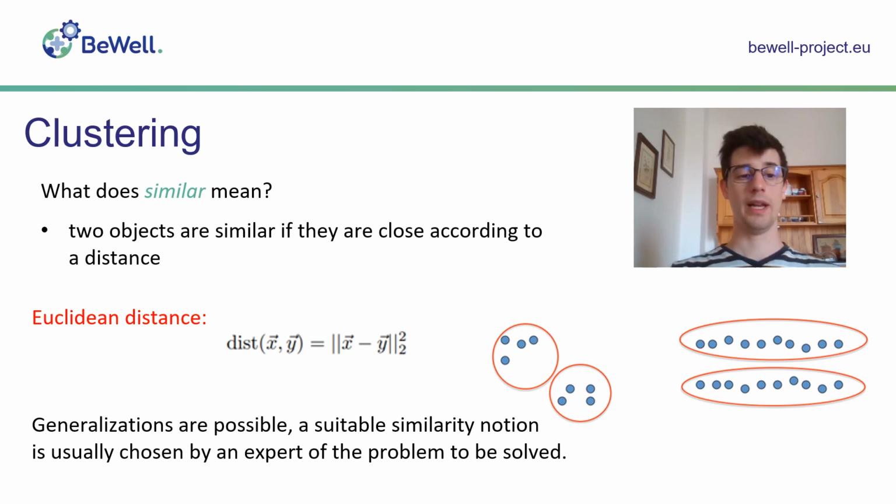For example, in the previous slides, pixels are not clustered according to their location on the brain, but according to how similarly they respond to stimuli. Hence, the most suitable notion of similarity is usually chosen by experts according to the problem to be solved.